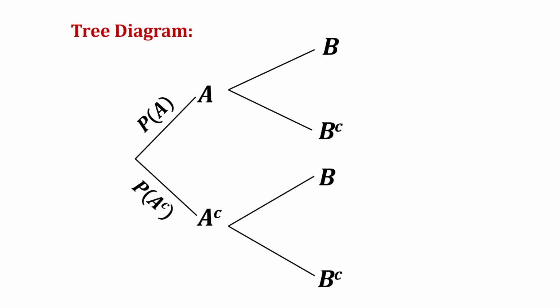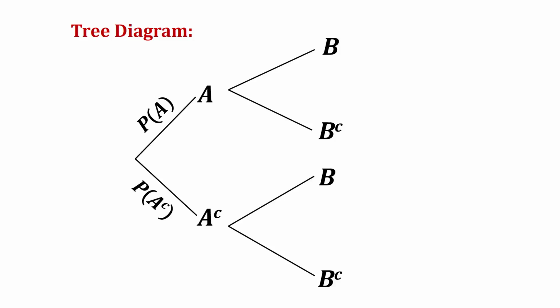I have some other event B, and therefore also its complement. So I add another pair of branches coming off of both A and A complement, with B and B complement at the end of those branches. And now, since these branches are building off of the first set of branches, all the probabilities that go on these branches are going to be conditional. And it's going to be conditional on whatever branch it's coming from originally.